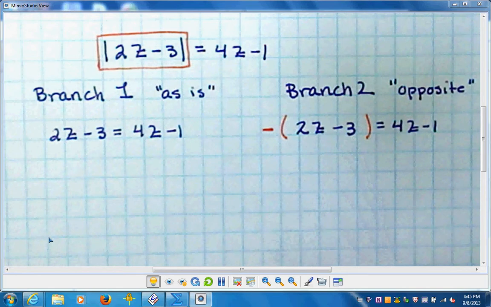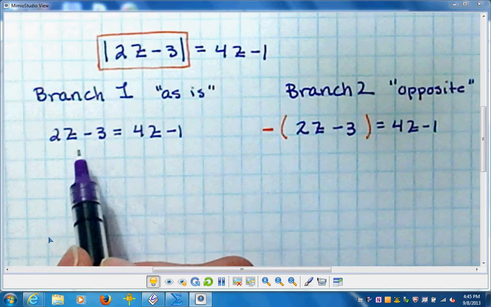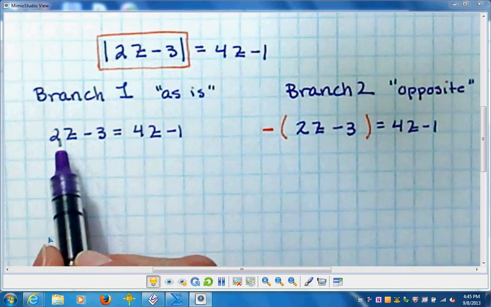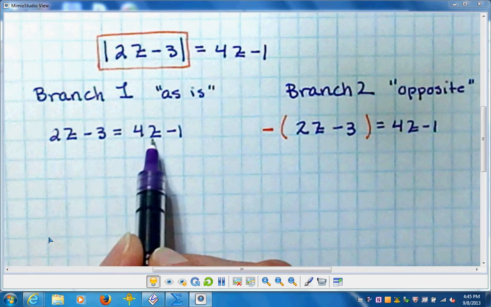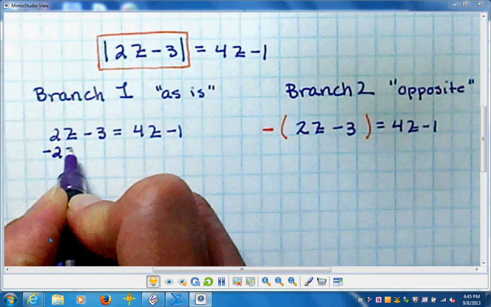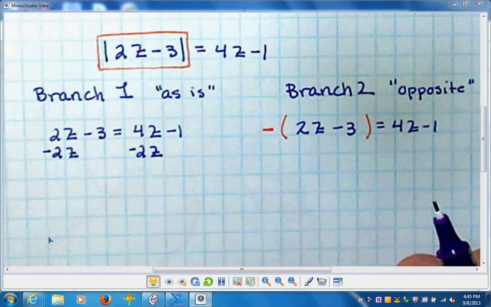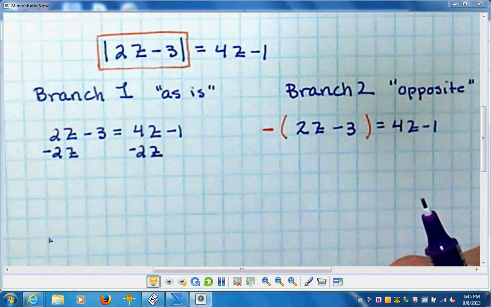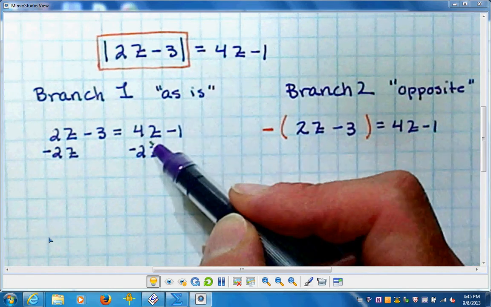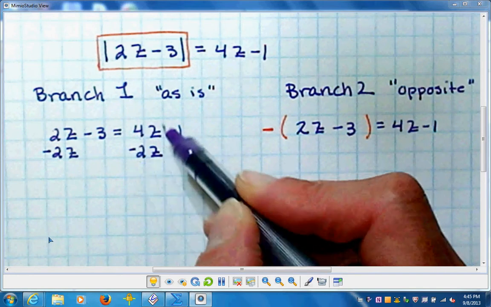Let's go ahead and solve for z in branch 1. So what I'm going to do is I want to get my like terms together. I have a 2z on this side and a 4z on this side. I'm going to subtract 2z, and the reason I chose to subtract 2z is because when I do, this is going to become a positive value on this side.